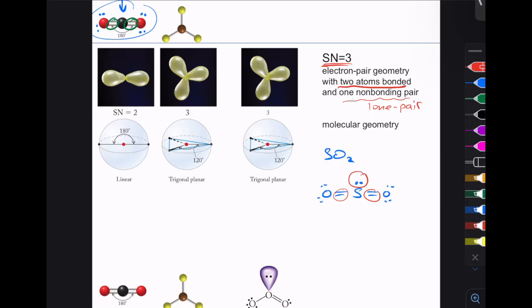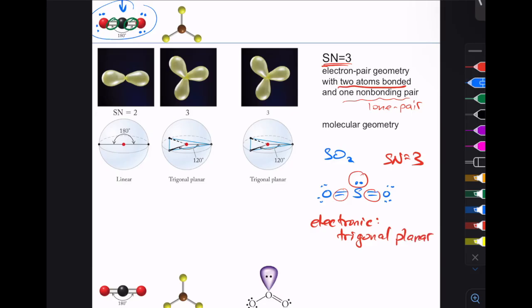So the SN is still 3. The steric number is still 3, which means that electronically, these will still give us a trigonal planar geometry. So electronically, trigonal planar.